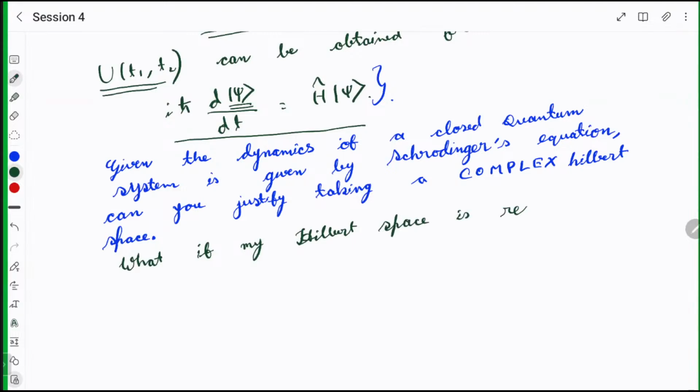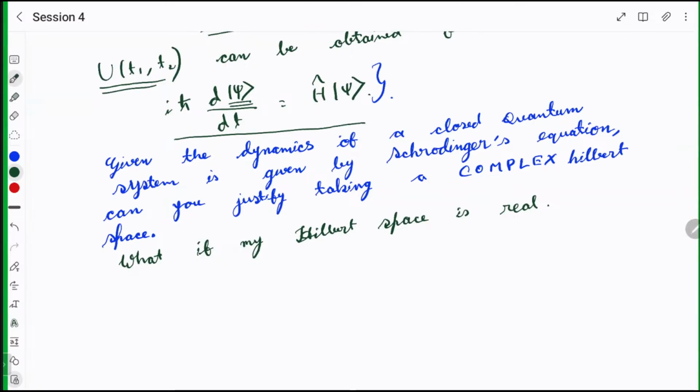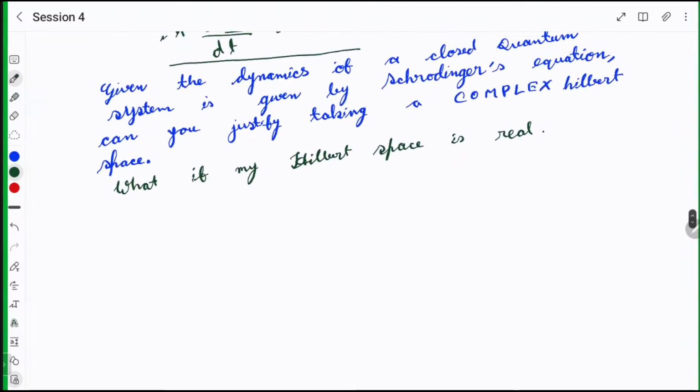Let me try to give you the answer to this. Let's say my Hilbert space is R2 instead of C2. That is a real Hilbert space. The field is not complex numbers but real numbers.